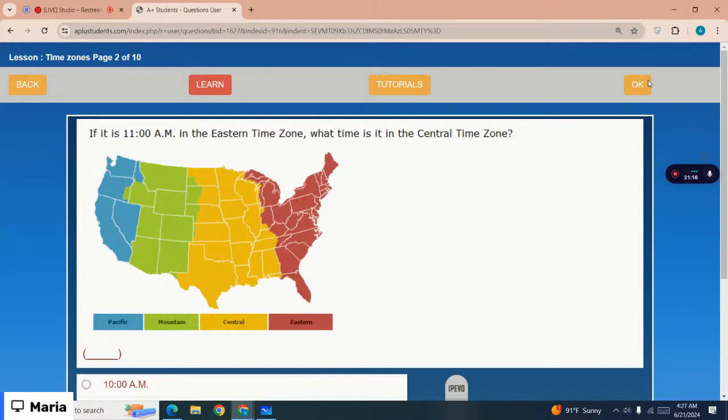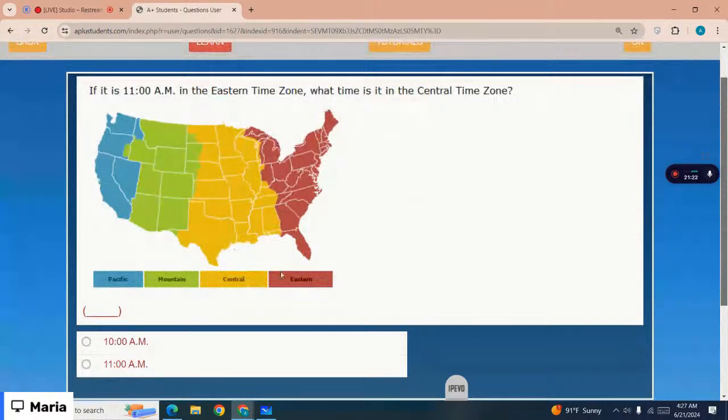Eastern time zone is 11, right? Hold on. You have to convert to central time zone. Here is central time zone. So central time zone is 1 hour behind eastern. So that would be 10 because in eastern zone it is 11. So the correct option is 10.